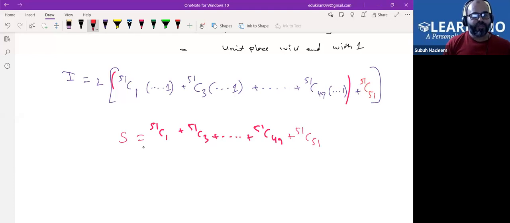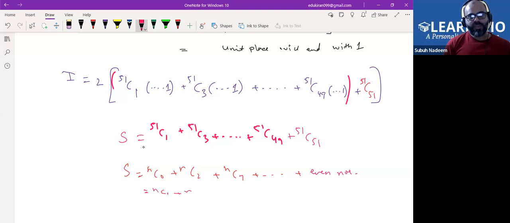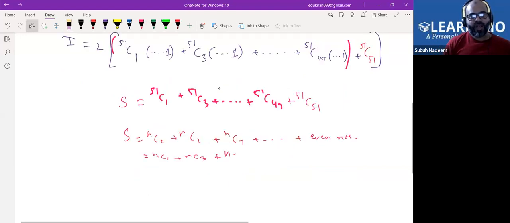So what happens is that there is a result that nC0 plus nC2 plus nC4 till nCn, the even numbers, and if you take the odd ones, nC1, nC3, and then nC5, the odd numbers, their sum is the same, and it is actually 2 to the power n minus 1.